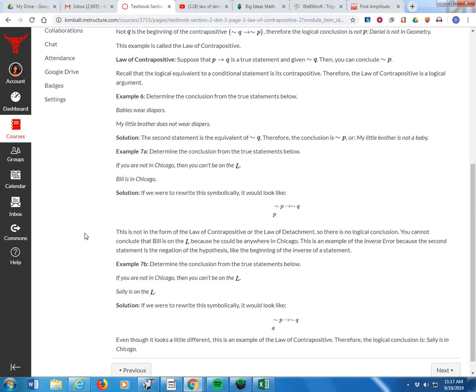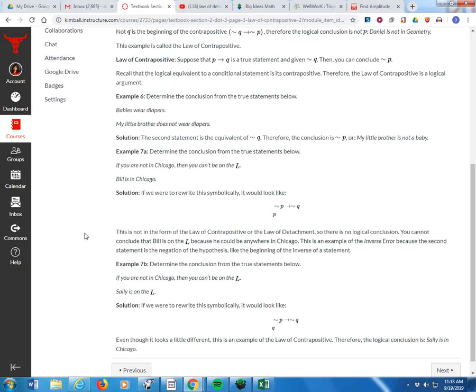If you are not in Chicago, so P is you are not in Chicago, then you are not on the L. Q is you are not on the L. They give us not P. The law of contrapositive, you have to be given not Q. So if they give you not P, you can't conclude anything. You can only conclude something if they said you are on the L, then I can say you are in Chicago.